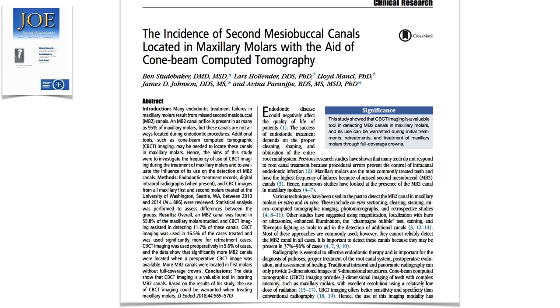This paper here, which was also published in the Journal of Endodontics very recently, discussed the incidence of second mesiobuccal canals located in the maxillary molars with the aid of cone beam computed tomography.